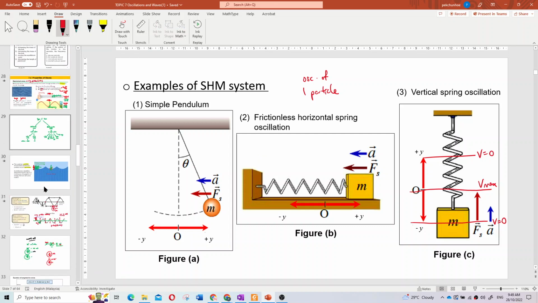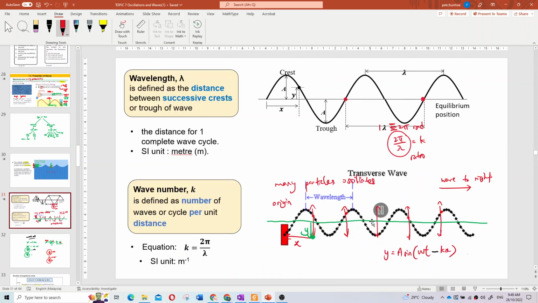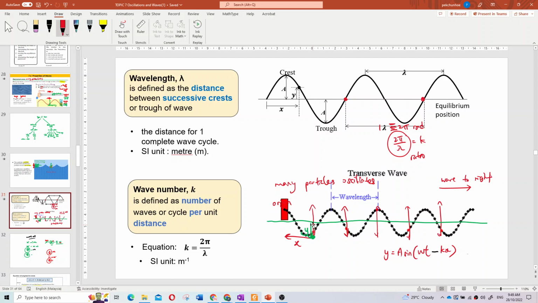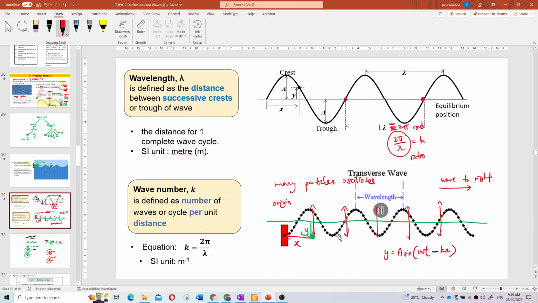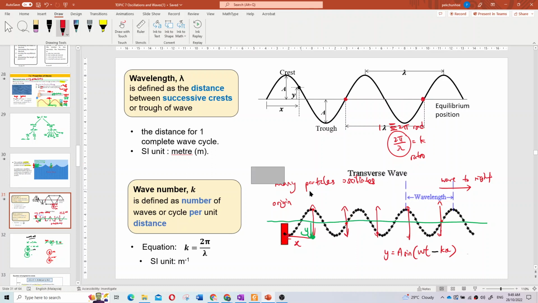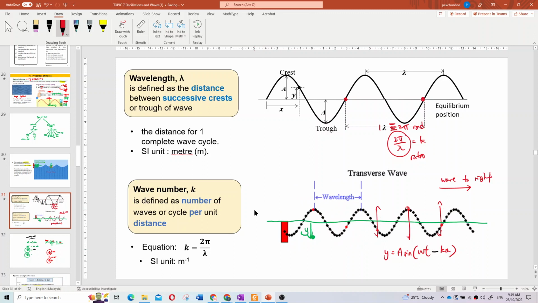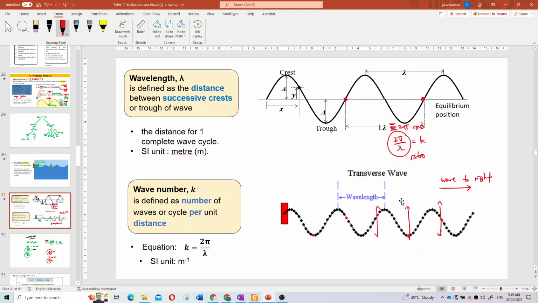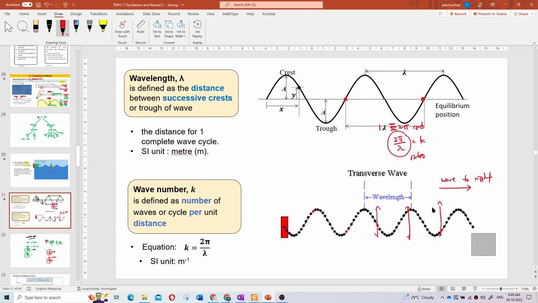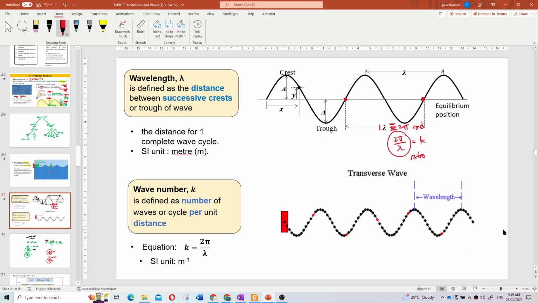Let's look at the animation. See that? So many things here. I cannot see carefully. See these two?